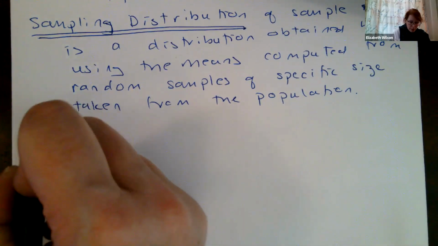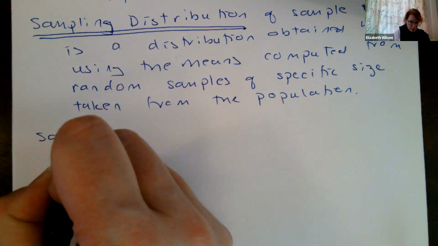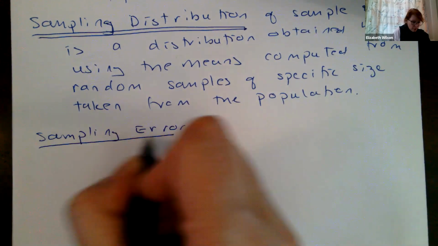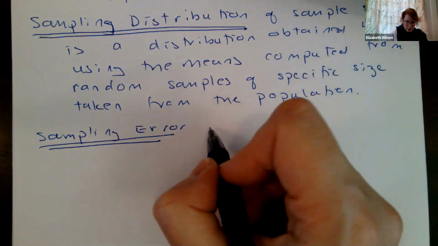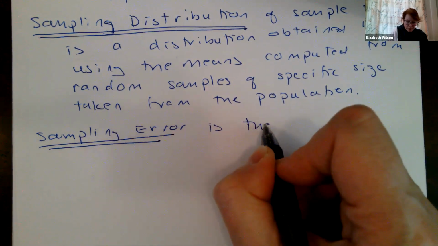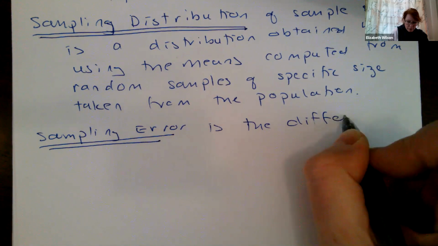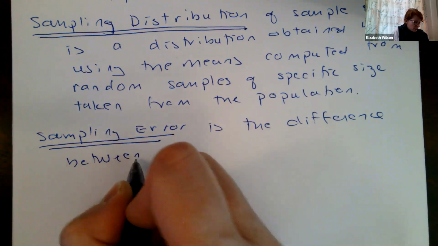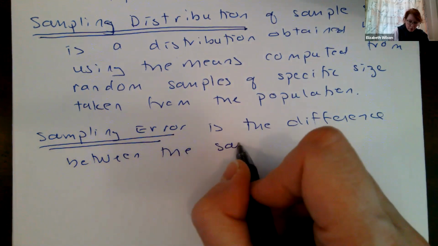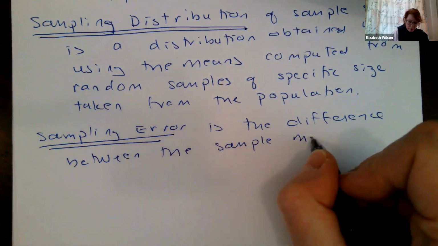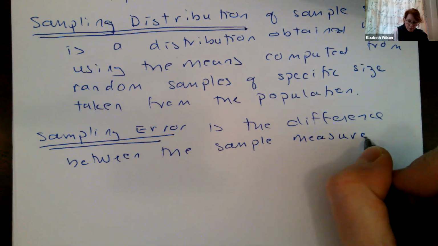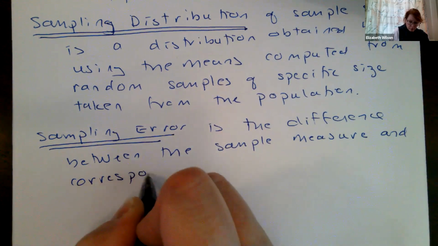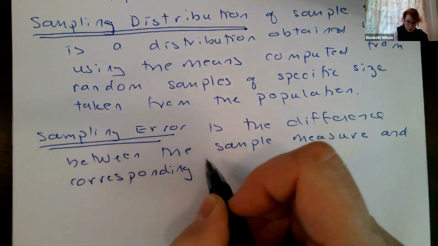Okay, so when we sample, we have a sampling error. The sampling error is the difference between the sample measure and the corresponding population measure.